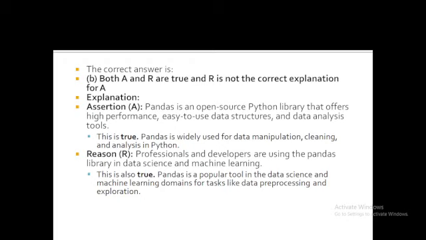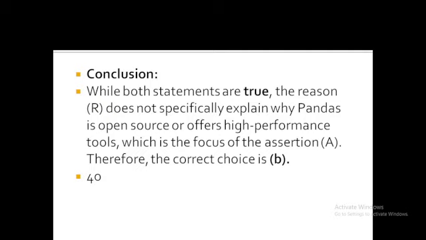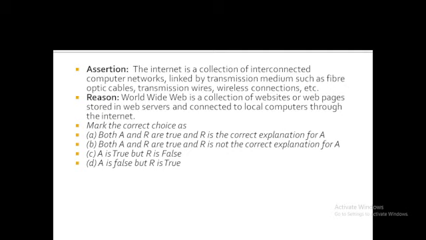Pandas is a popular tool in the data science and machine learning domain for tasks like data preparation and exploration, but the reason is not satisfying the assertion. While both statements are true, the reason does not specifically explain why Pandas is open source or offers high performance tools, which is the focus of the assertion. Therefore, the correct answer is B.